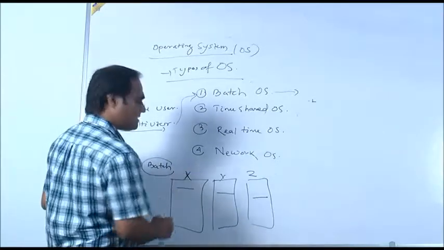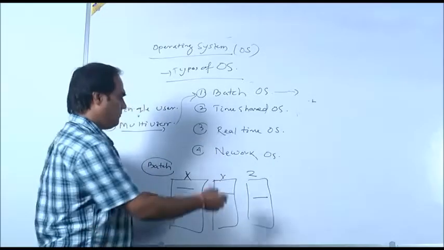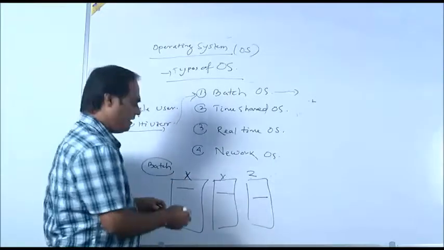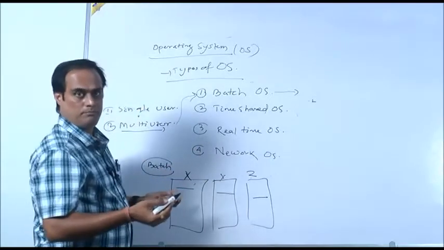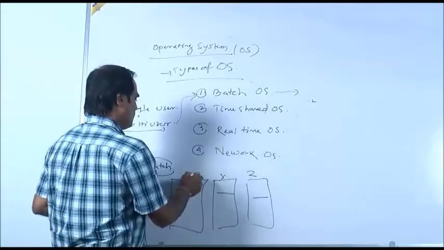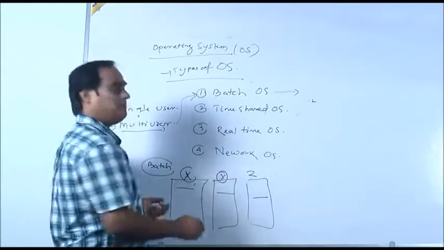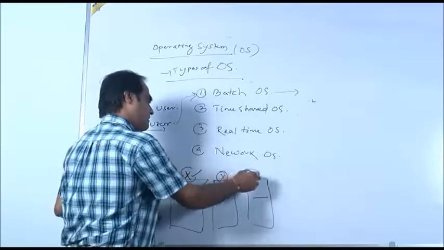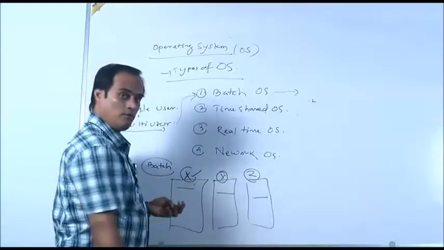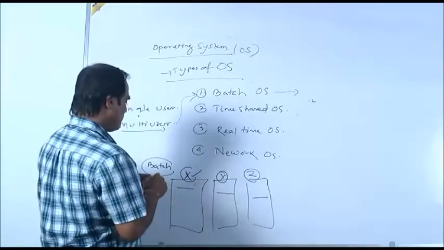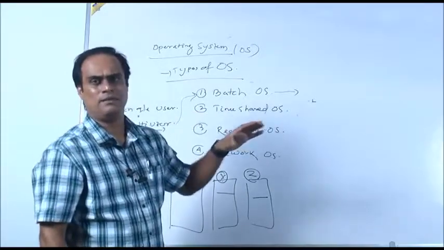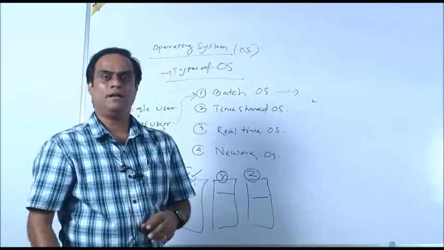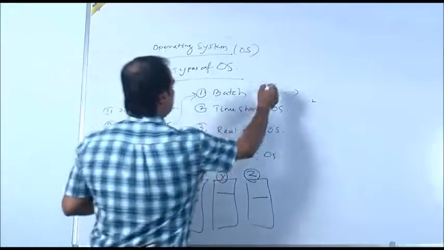Once x is executing, y has to wait, once y is executing, z has to wait. They wait for each other till the completion of the one before, yes or no. So y can only be executed after x, and z can be executed after y. This is the batch wise operation, that means the batch operating system. Initially it was used. So, the example is what? DOS.